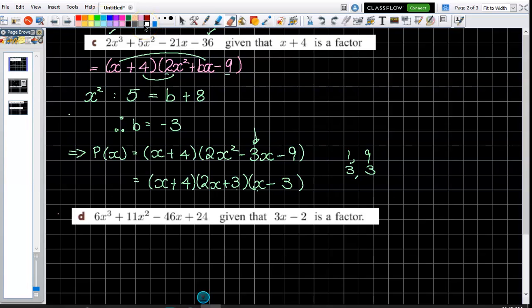Dylan, just for you, if I wanted to do my synthetic division, okay, I put the 2, I put the 5, I put the minus 21, I put the minus 36.